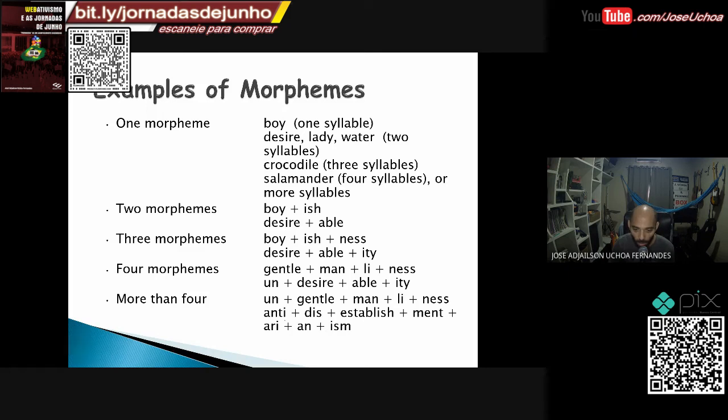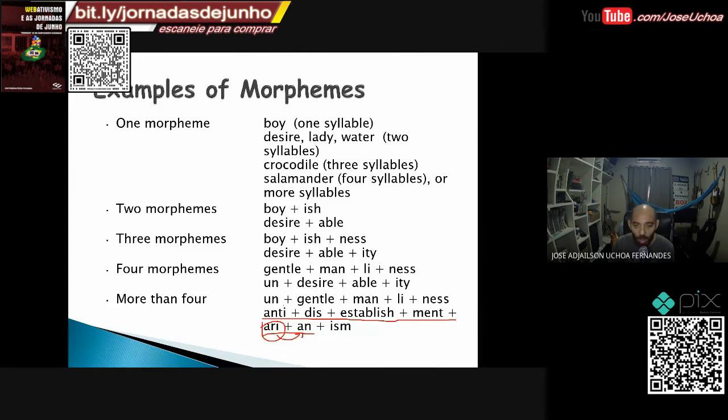But I can say anti-disestablishment, but I cannot stop here at anti-disestablishmentary. I have to put the "an." This morpheme requires that the next comes with it.